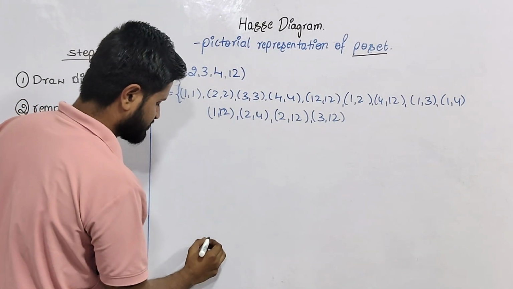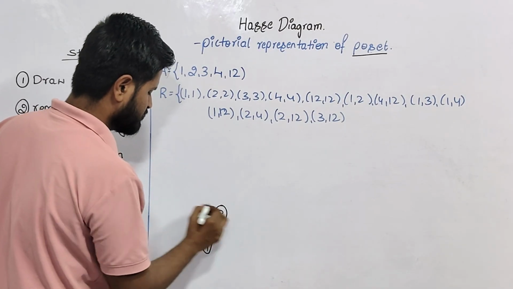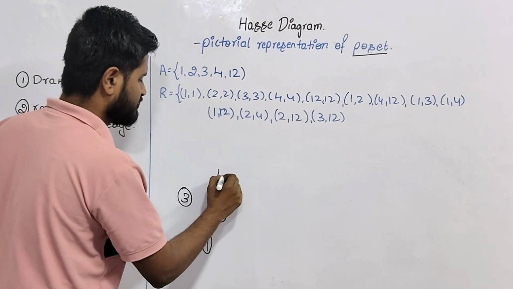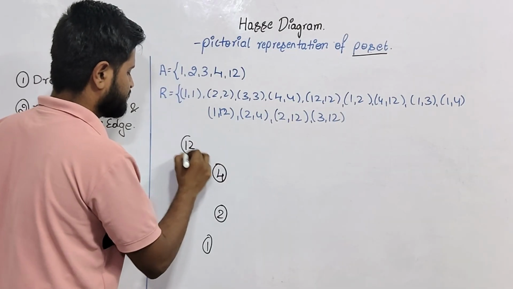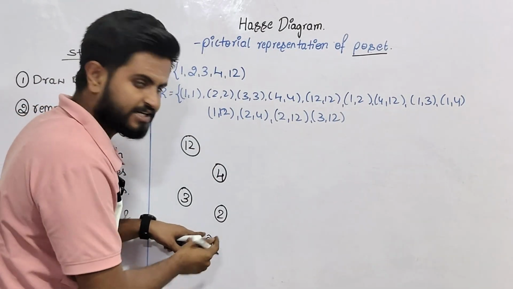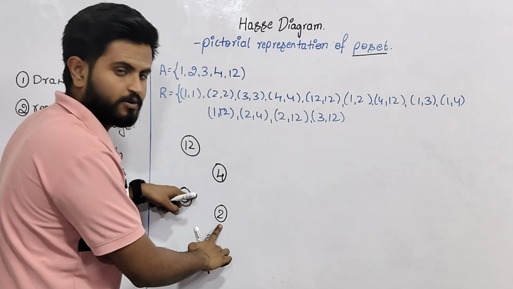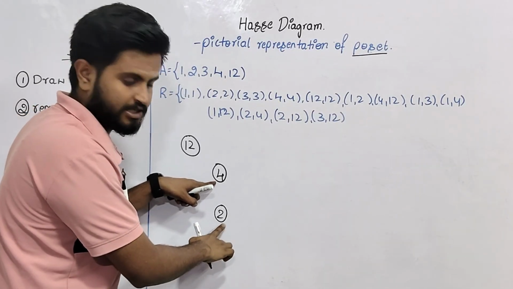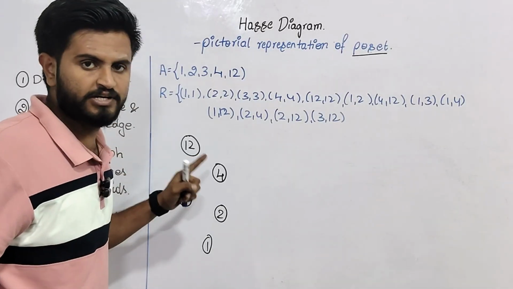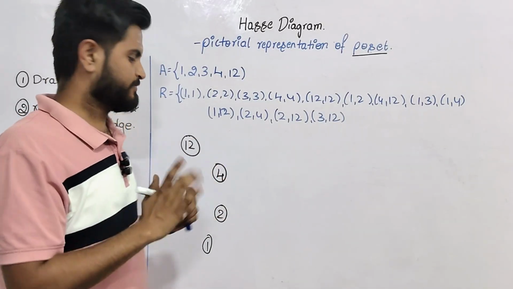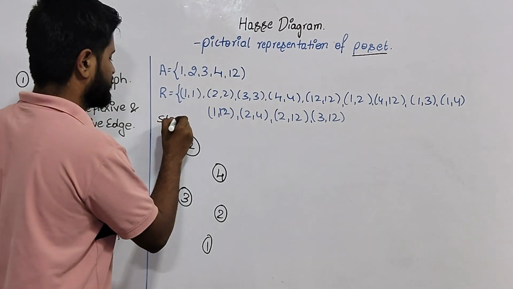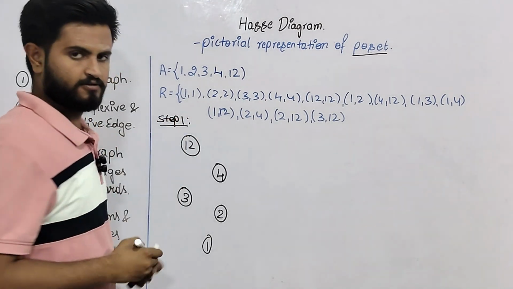Let's write them upwards: 1, 2, 3, 4 and 12. From 1, 2 is a little bit up, from 2, 3 is a little bit up, from 3, 4 is a little bit up, from 4, 12 is a little bit up. Like that only you must write. So this is step number 1, designing the digraph.